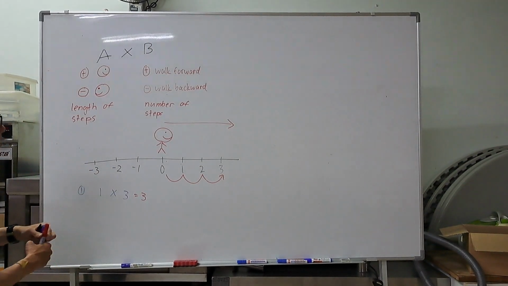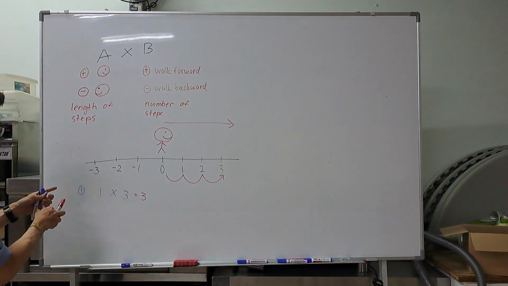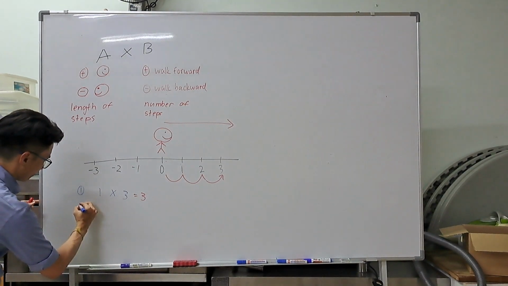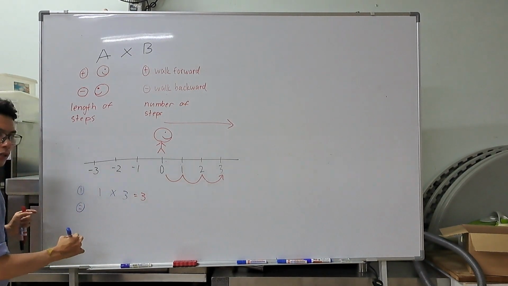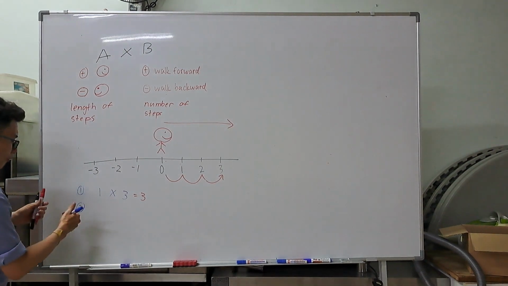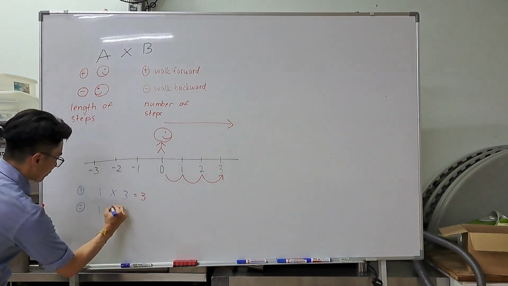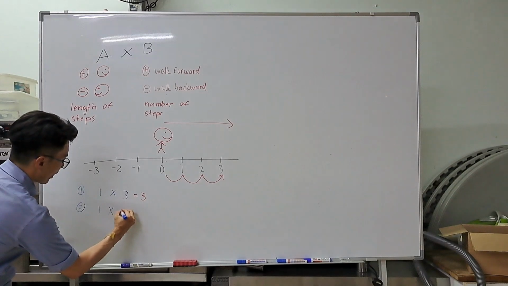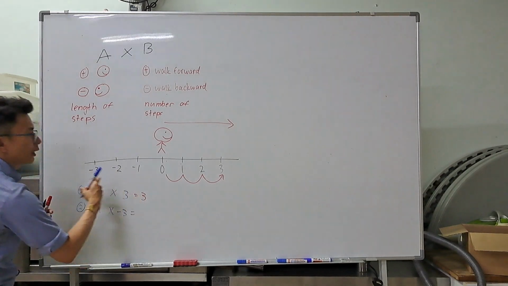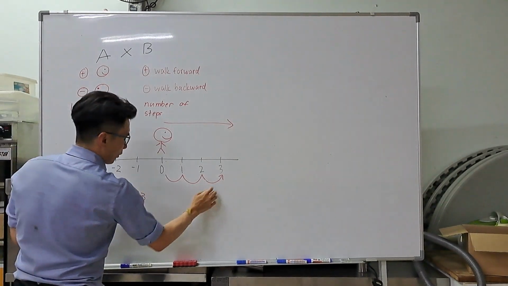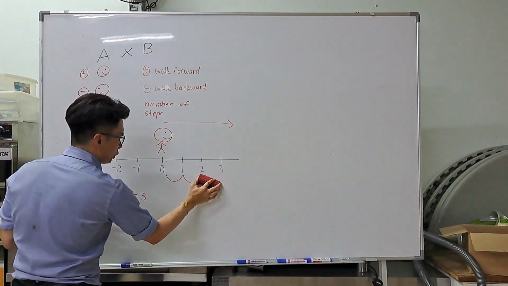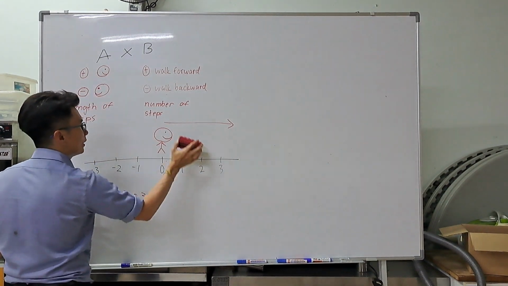Now let me use another example. My second question: if I have 1 times negative 3, what do I get? Let's use the same analogy to represent this.